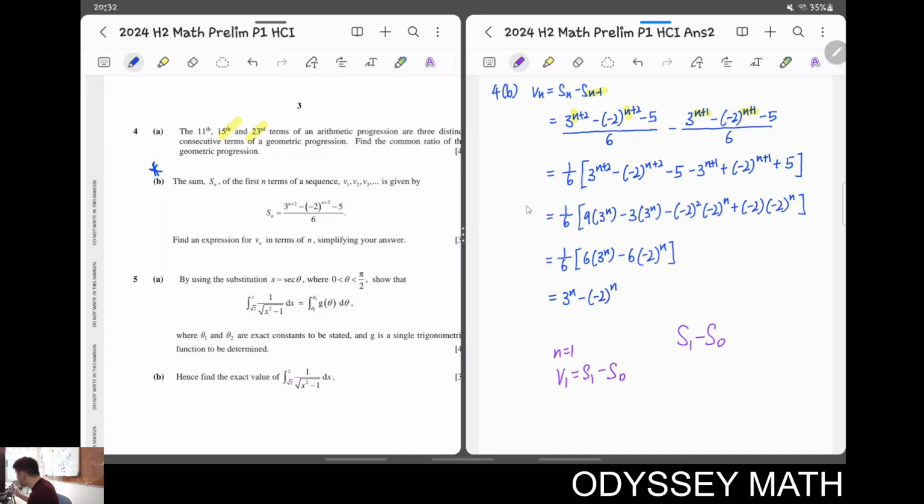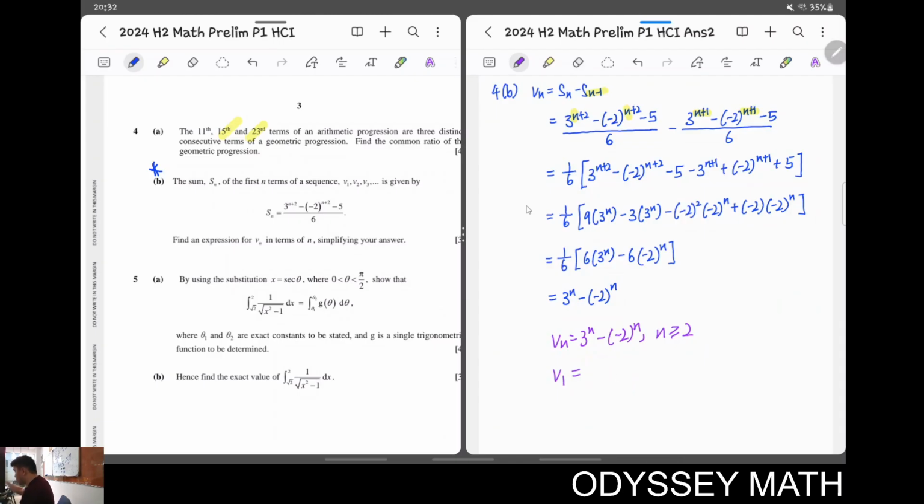If it isn't, then you say that Vn equals 3 to the power of n minus 2n, and it's valid for n at least 2. But my V1 is equal to a separate value. You understand where I'm coming from? This is something I mentioned in my tutorial before. You check the first term. I mention it because it's not part of this question, but I just casually mention it all the time.